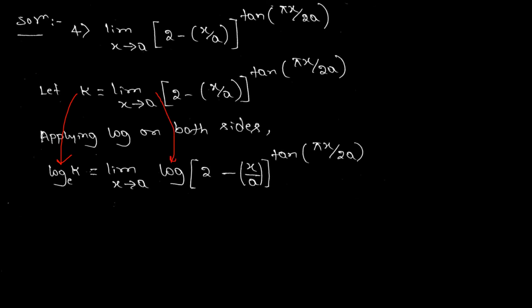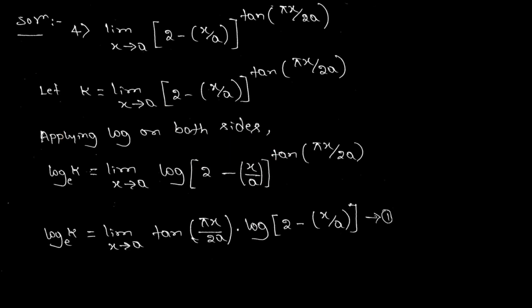Now using the property of logarithms, it is of the form log a to the power b, then this b will come as a multiplication here, b log a form. We have taken this here as a multiplication, you can see, and we have written log of this as it is.